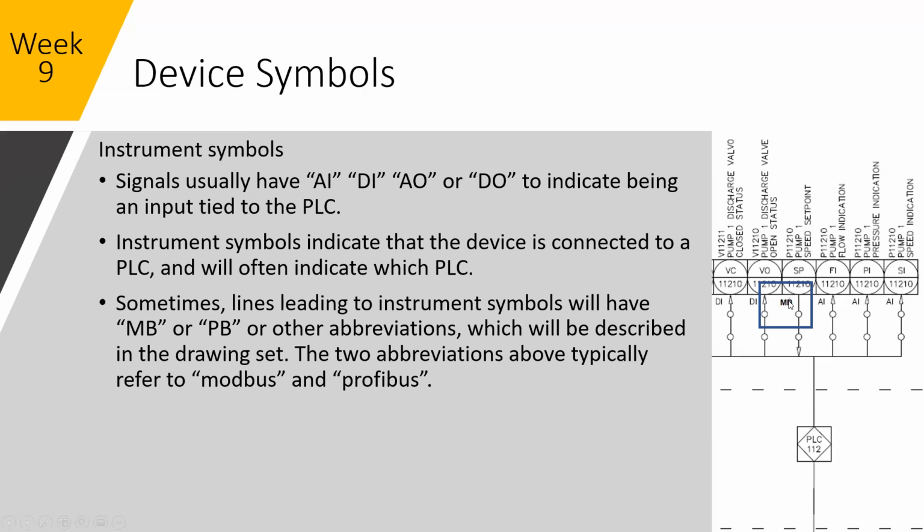So if you had a Modbus output, that would indicate to me that this line, even though it's the same as these ones, would be Ethernet or a serial connection or a Modbus signal from our device to the other device, which means that it wouldn't be a hardwired analog output. Profibus is just Siemens. If anybody's ever heard of that company, Siemens, they also make PLCs, and Profibus is their proprietary field bus protocol.